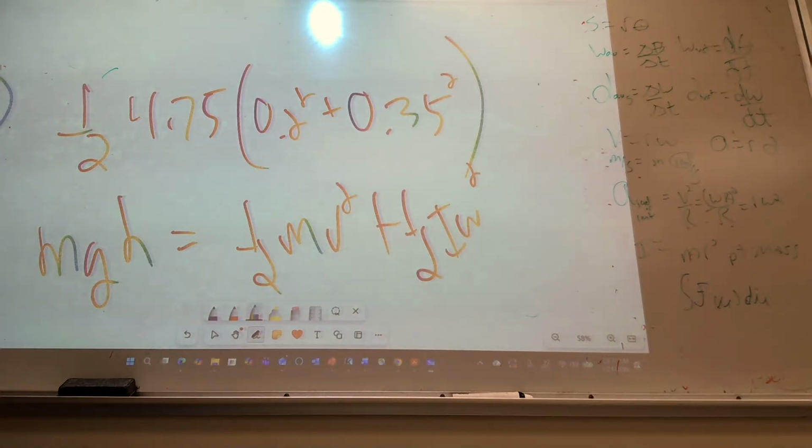Now, what do you plug in for omega? Well, we have V over R. Omega is your V com divided by what? Is it the sum of the two R's, or what is it we divide by for omega? Right. Okay, it's just your V com divided by 0.35.